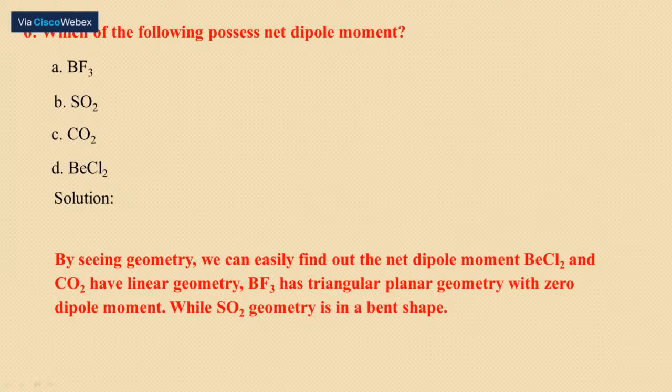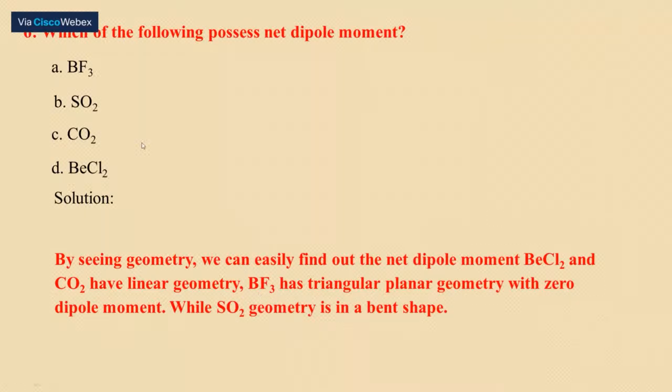And BF3 is having trigonal planar geometry. Thereby in all these cases the dipole moments will be in opposite directions and get cancelled, so the resultant mu is going to be 0 in case of BeCl2, carbon dioxide, as well as BF3, which is trigonal planar.